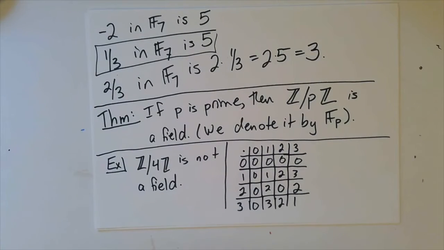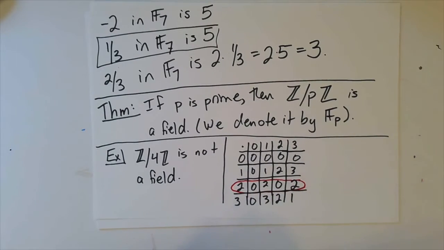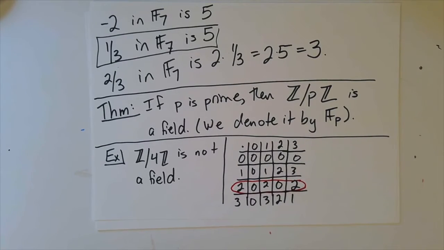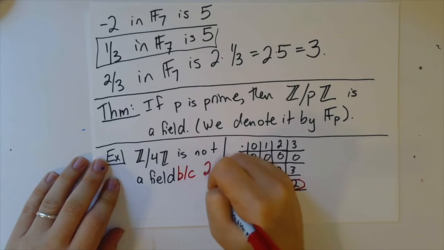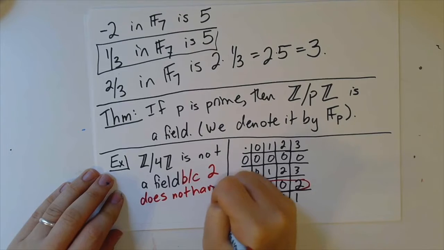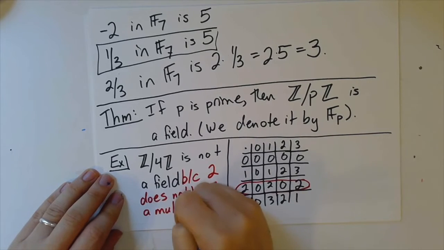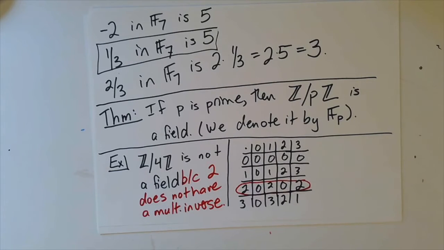However, if you look closely, it doesn't even have to be that closely, it's not a very big table, you'll notice this row, it's not the row corresponding to 0, but it does not have a 1 in it. And so what that means is 2 does not have a multiplicative inverse. And so, oops, this thing's not a field.